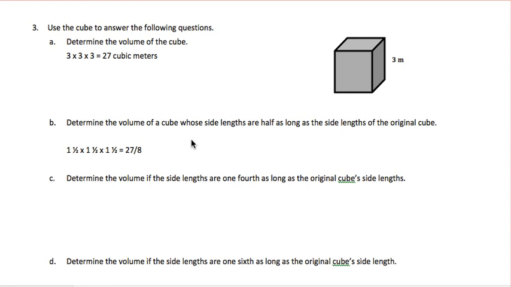So the volume of a cube whose side lengths are half as long would be 27/8, because now we have a 3 in the numerator, a 2 in the denominator, essentially. Same units.